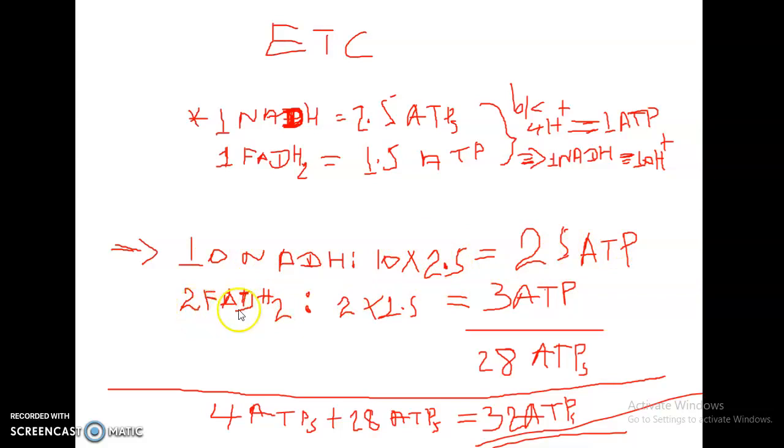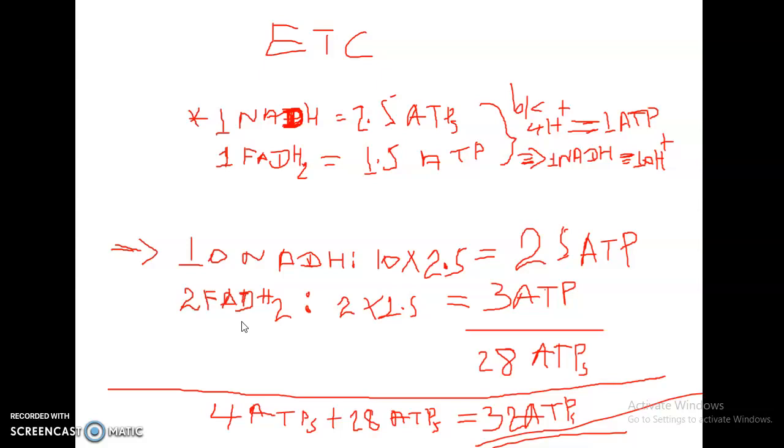2 FADH2 from the Krebs cycle from one glucose molecule. From one cycle, 1 FADH2. From one glucose molecule there are 2 pyruvates, then 2 acetyl-CoA.